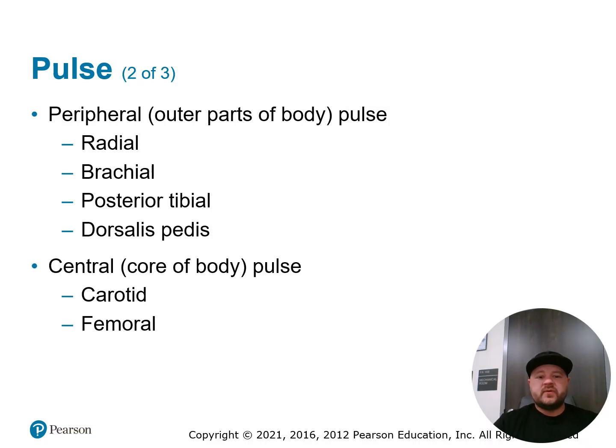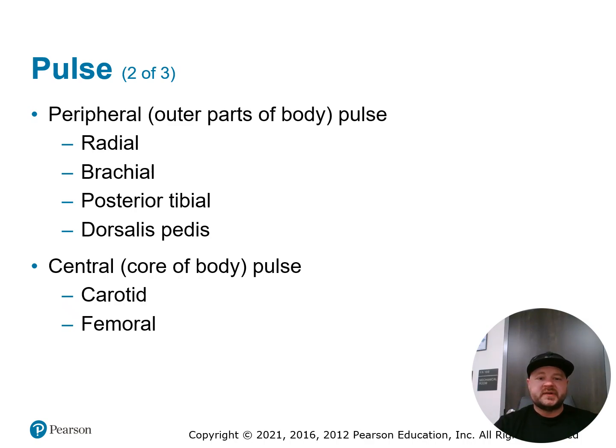So we have a peripheral and central pulse that we can assess for. Peripheral pulses being radial, brachial, the posterior tibial, and the dorsalis pedis. If we have a good peripheral or distal pulse, that typically tells us that their blood pressure is pretty good and that they're not having too much vasoconstriction, because that happens in the outside parts of the body first.